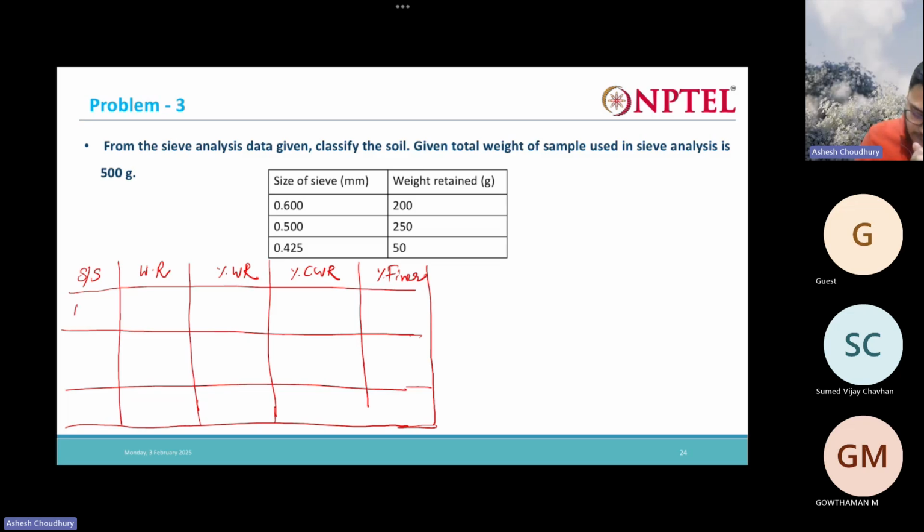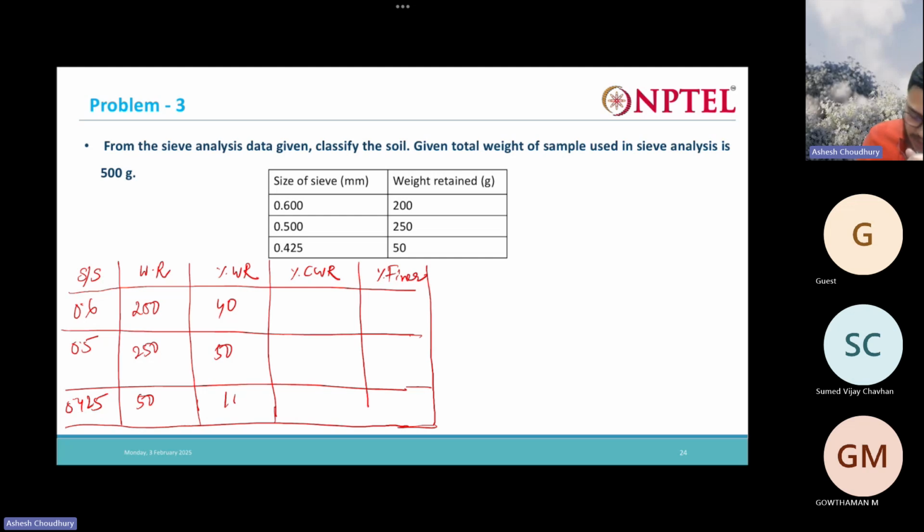So sieve size 0.6, 0.5, 0.425. Weight retained is 200, 250, 50. Percentage weight retained: 200 by 500 into 100%, 40%. Now 250 by 500, 50%. And 50 by 500, nothing but 10%.